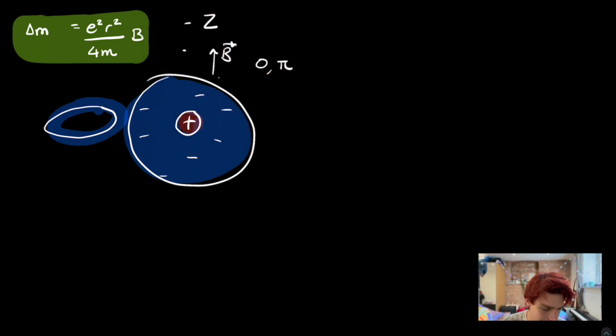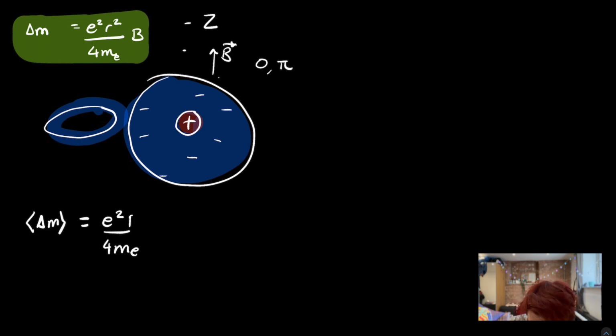So what we're going to have a look at is we are going to take the average magnetization across the entire solid. And so for that, we are just going to put this in angle brackets and say that the average magnetization across the entire solid is going to be, well, the charge is going to be the same in each case, E squared, and so is the mass of the electron right here. That's going to be the exact same in each case.